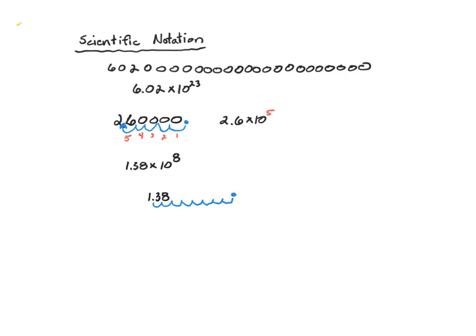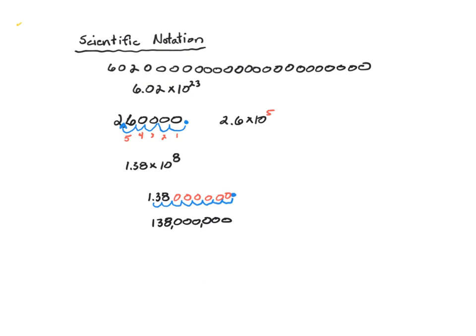For every one of those steps that we took, we fill in a 0. At the end, what we wind up with is 138 million. That's our final answer. So we can go back and forth between the two.